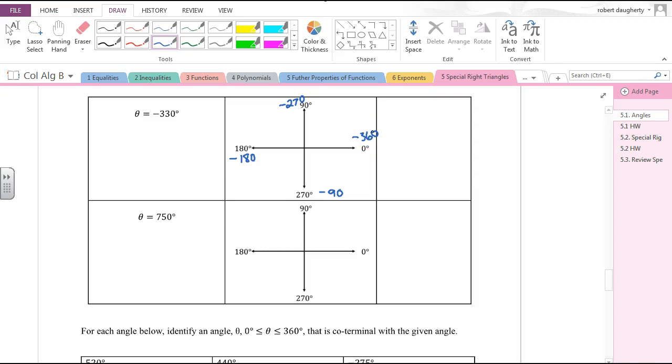Quadrant 1, right? So I'm going to start here, go in a negative direction, and instead of getting to 360, I'm going to be how far shy of it? 30 degrees shy of that. So something like this. So that is a negative 330 degrees, and that is in quadrant 1.